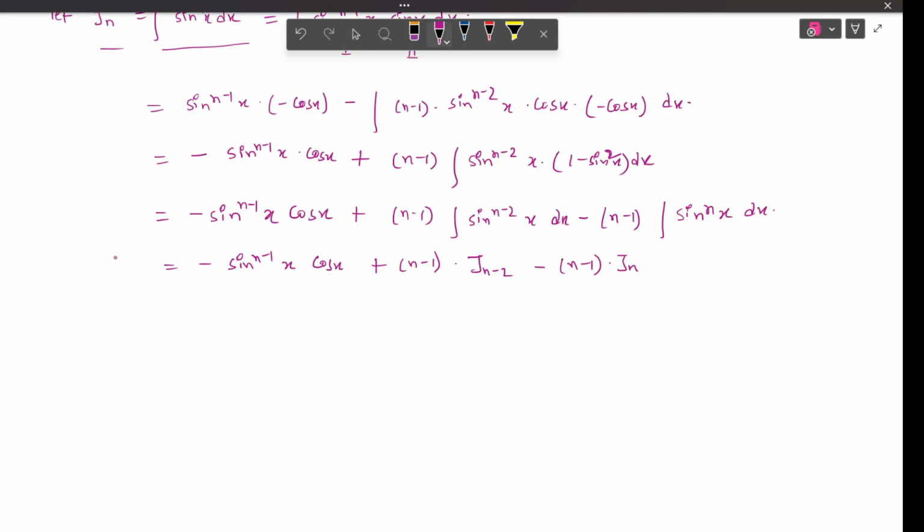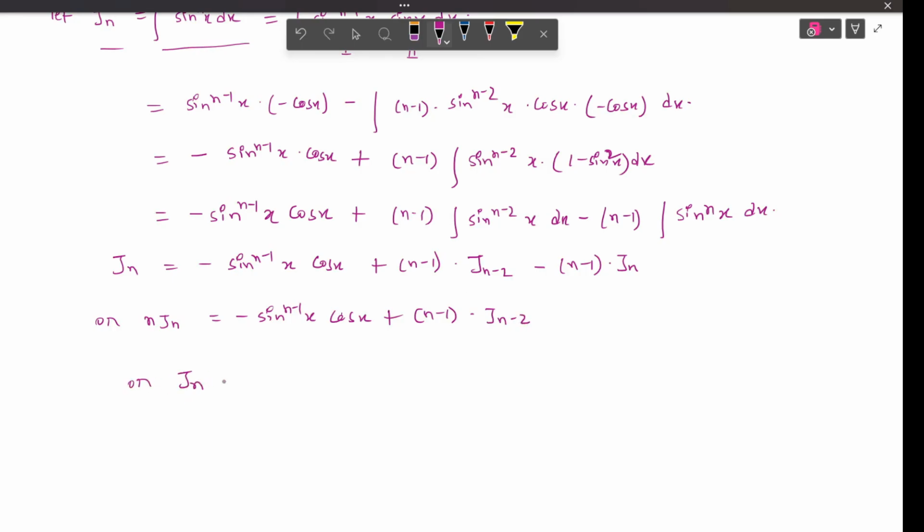And this is our Jn. If you take this term on the left hand side, it will be nJn, this is plus Jn, and if it comes to the left hand side it will be minus Jn, so Jn will cancel out, so we'll get nJn equals minus sine to the power n minus 1 x cosine of x plus n minus 1 into Jn minus 2.